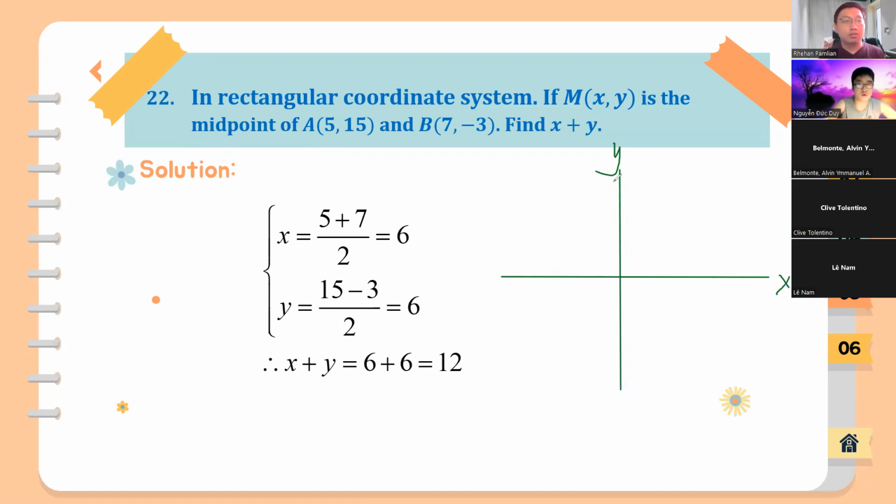Point A is 5, 15. Point B is 7, -3. Then you just have to connect both points and mark the midpoint. The midpoint would be somewhere here, right?